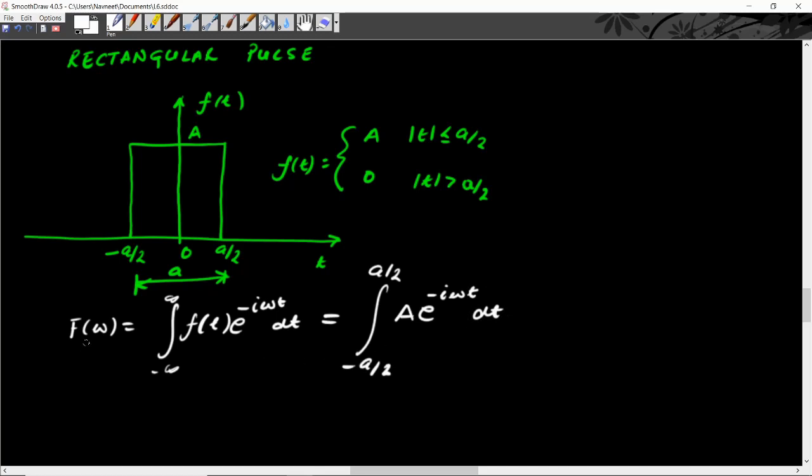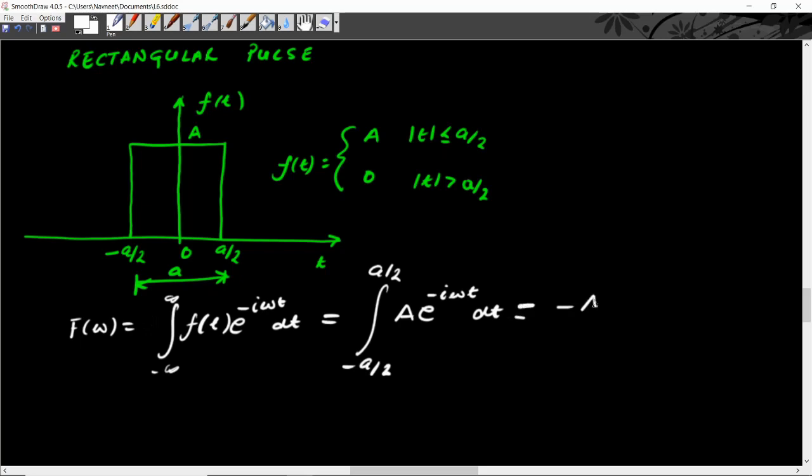When we compute the Fourier transform, we integrate over time, and therefore we get a function that is a function of the frequency omega. So we go from time domain to the frequency domain. Now let's carry on this integration.